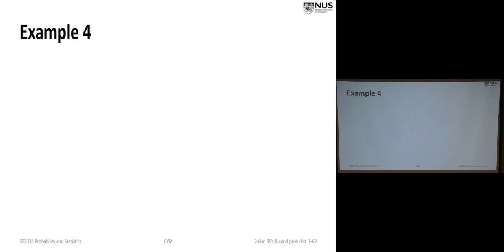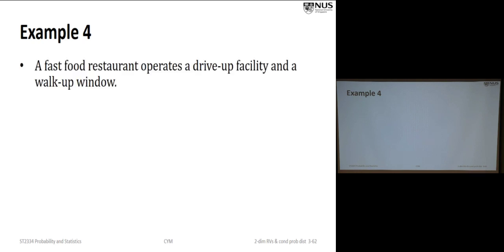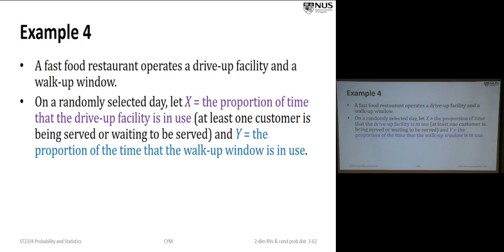Here for this example, we have this restaurant with drive-up facilities and a walk-up window. You can order through the drive-up, or you just walk in and order through the walk-up window. This is referring to the same fast food restaurant.